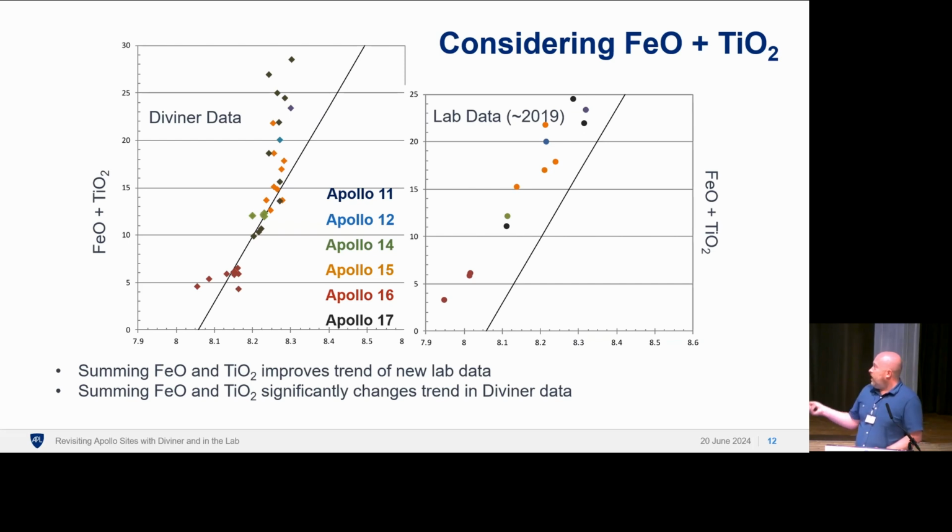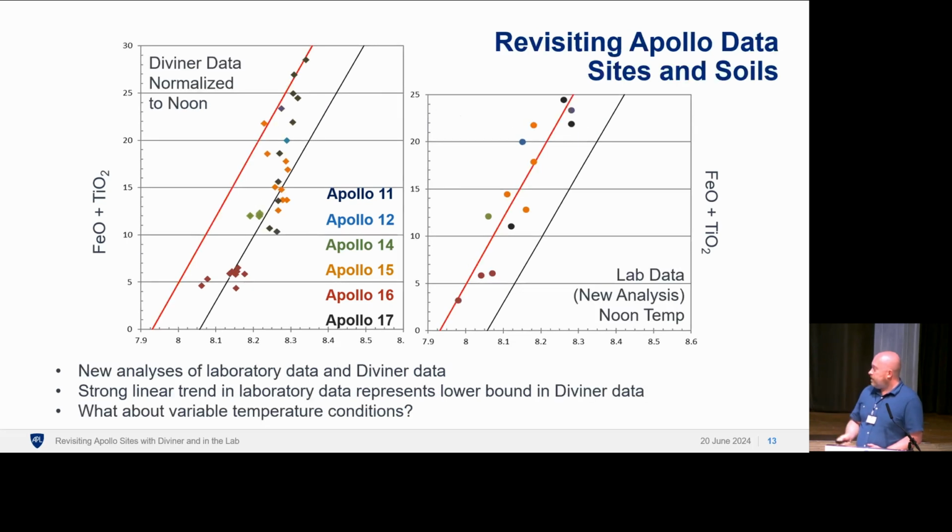If you look back at the Diviner data at the same time, things weren't quite so clear. There was still a trend, things were still fairly tight, but it wasn't the same linear trend. And so we suggested there's additional work to be done to better understand why the Diviner data had a different trend than what we saw in the lab. So we're looking at this now again. And so these are new analyses of both the Diviner data on the left that I've been doing and analysis of laboratory data on the right that Carrie's been doing.